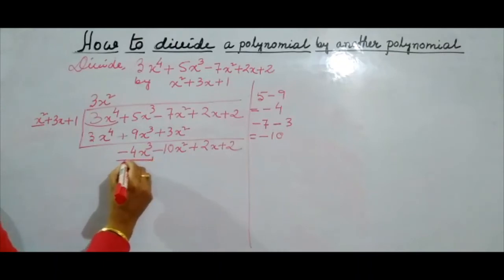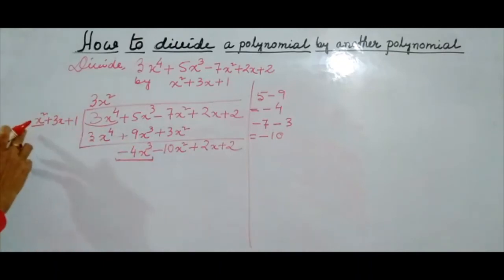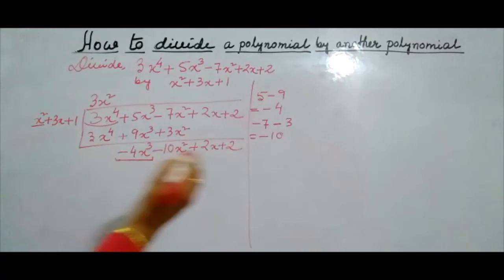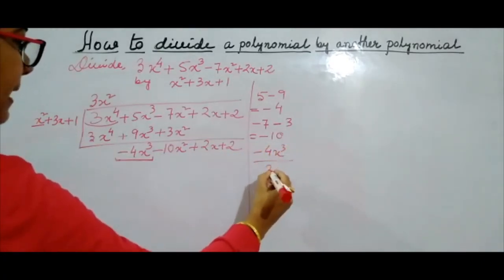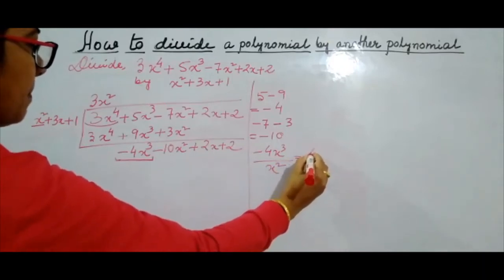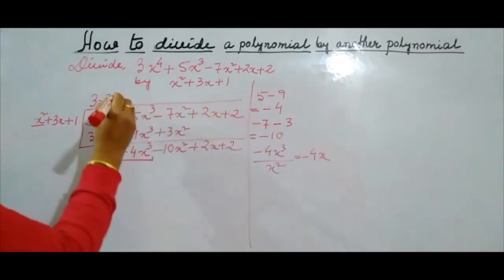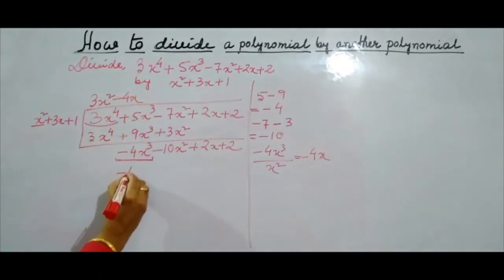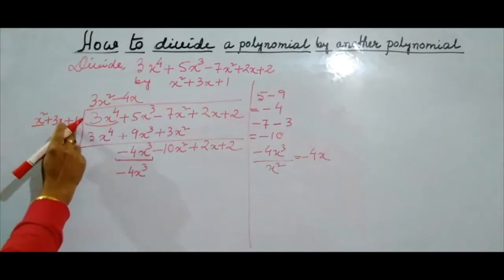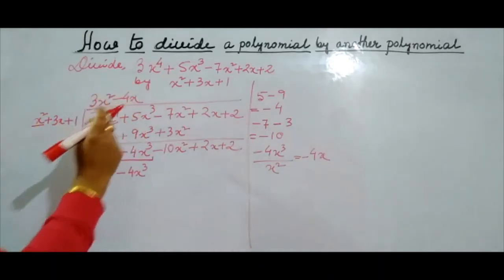Now the first term is minus 4x cube. To get minus 4x cube we have to multiply x square by what? As you know, just divide by x square if you find any difficulty. So it will be minus 4x, and this will become minus 4x cube. The other two terms we also have to multiply by minus 4x.